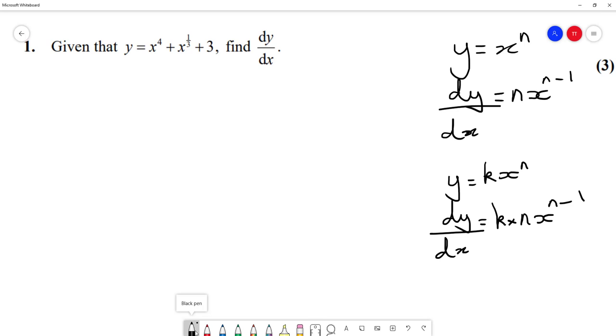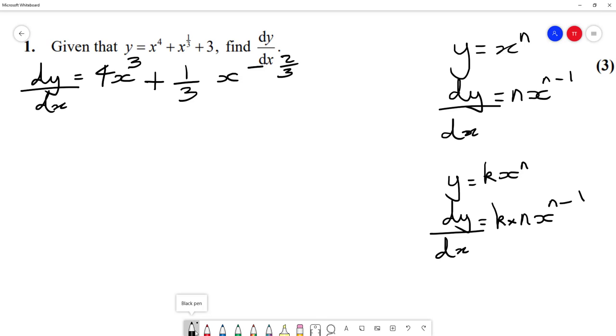So here we've got a function y equals x to the power 4 plus x to the power of a third plus 3. So when we differentiate this, we're going to get dy by dx and bring the 4 down, write an x, reduce the power by 1, so we get a 3. Do the same here for a third, bring the third down, write an x, reduce the power by 1, so a third minus 1 is minus 2/3.